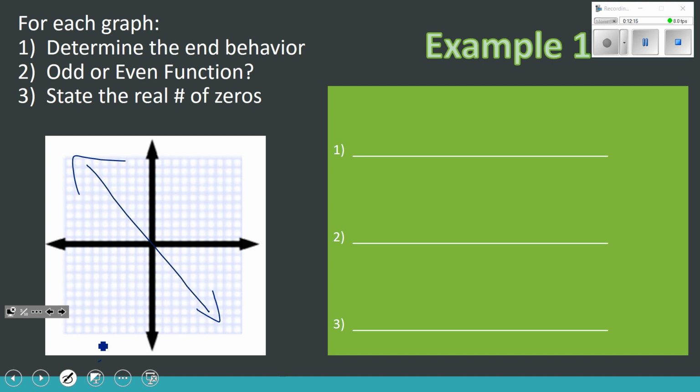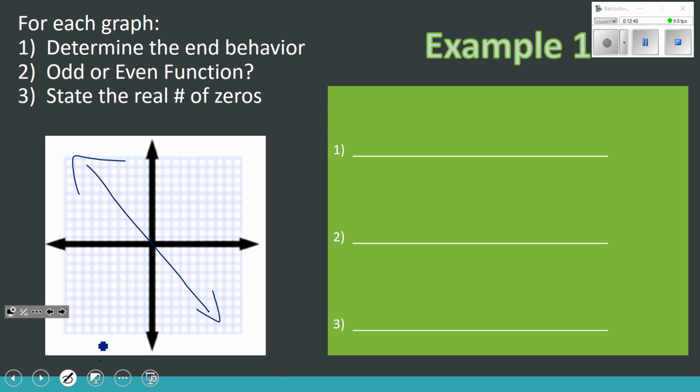As x goes to positive infinity, y goes to blank. And then as x goes to negative infinity, y goes to blank. So as you travel to the right, what happens to the y? As you travel to the left, negative infinity, what happens to the y? Does that make sense? So you could fill this in on every problem, and then all you have to do is fill in the blank.